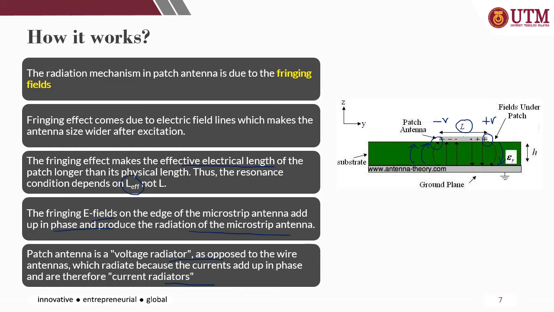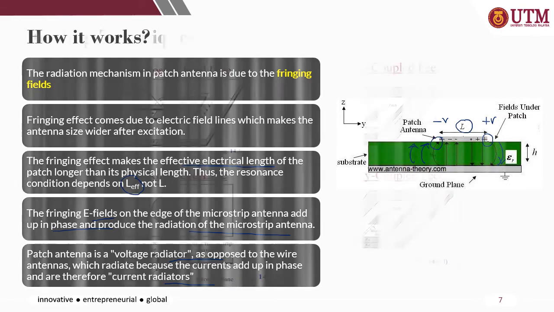And the fringing fields can be enhanced further by increasing the width of the patch structure, increasing the thickness of the substrate, and also reducing the dielectric property or dielectric constant of the substrate materials.